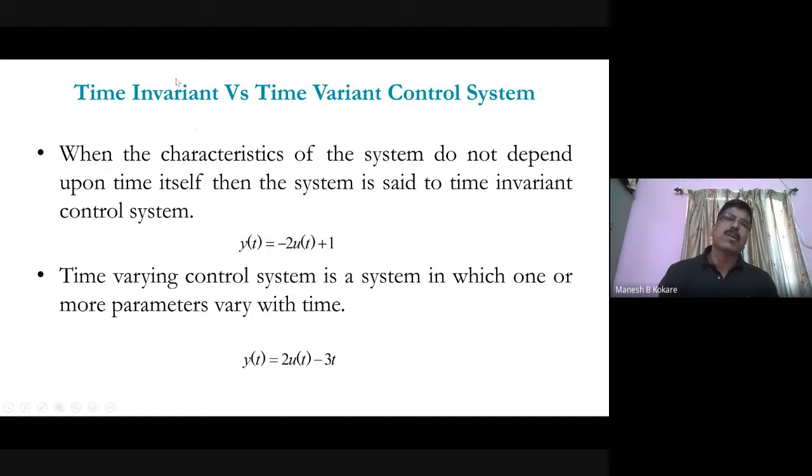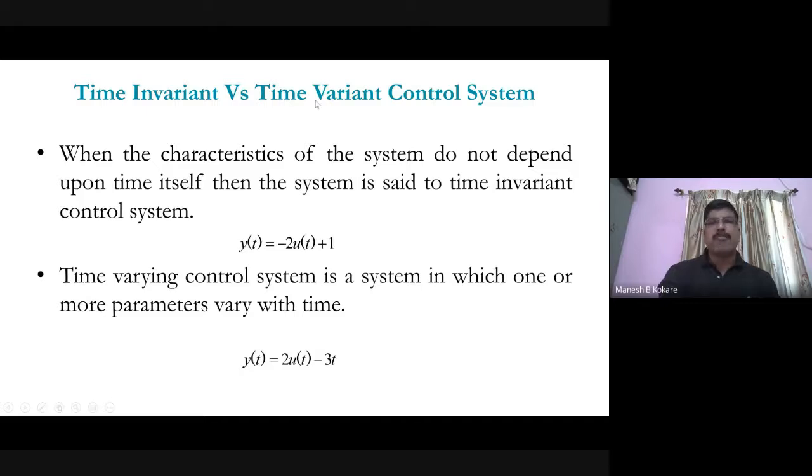What are the examples of time invariant and time variant systems? I have given the example of a time invariant control system, like a voltage regulator whose output will always be equal to 10 volt if you have designed it for 10 volt. Irrespective of time, its output will be 10 volt.